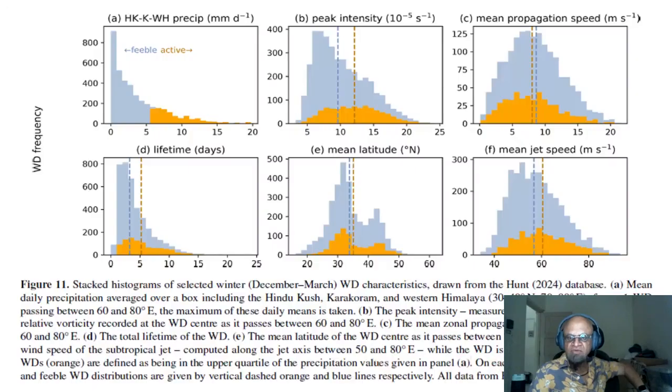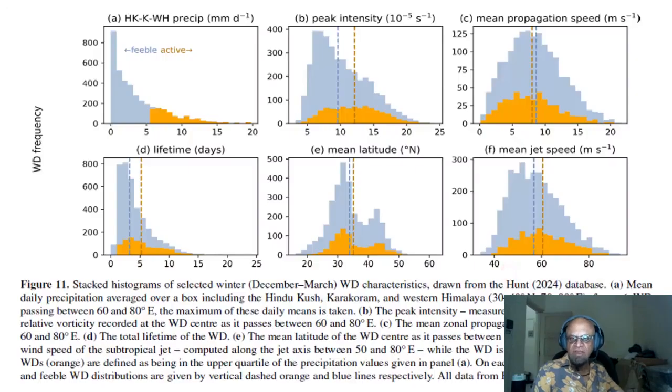While the WD is between 60 and 80 degrees east, the jet axis is looked at between 50 and 80 degrees east. Active WDs in orange are defined as being in the upper quartile of the precipitation values. So you see blue is carried through, and orange is carried through. These are the heavier percentile, and they have a slightly different peak intensity, propagation speed, lifetime, mean latitude, mean jet speed, etc. associated with them.